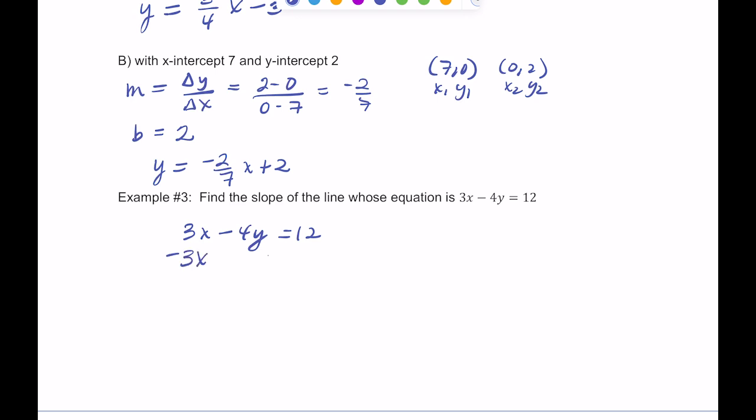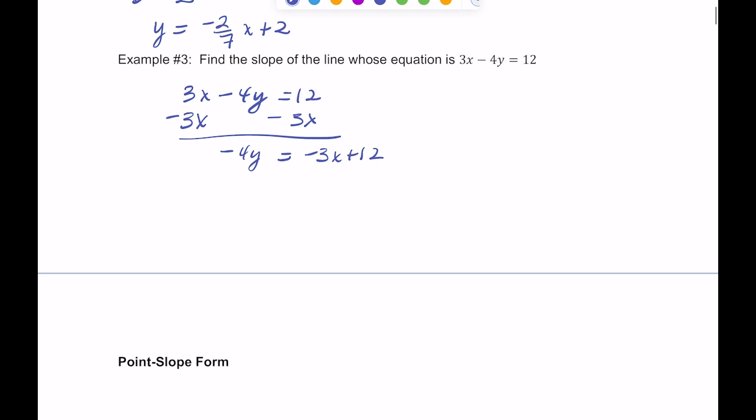So the first thing I'm going to do is subtract 3x. And you get negative 4y equals negative 3x plus 12. And then the y is still not isolated, so I'm going to divide everything by negative 4. And you end up with y equals 3/4 x minus 3. So it asked me for the slope, and I know that the slope is m. So since it's in slope-intercept form, I can easily pick out m, which is 3/4.